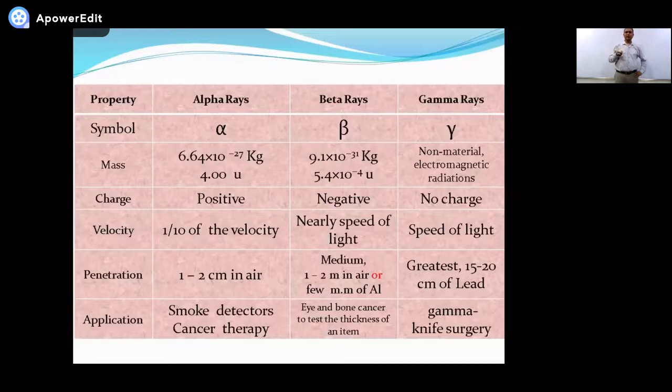Alpha rays can be used in smoke detectors and cancer therapy. Gamma rays can be used in surgery, etc. So these rays have both advantages and disadvantages. Chemotherapy is done with the help of these rays.